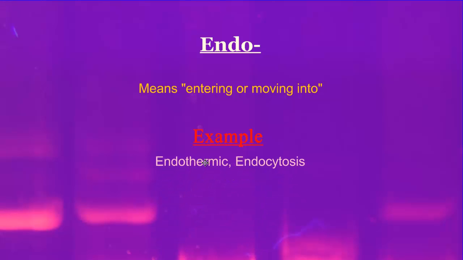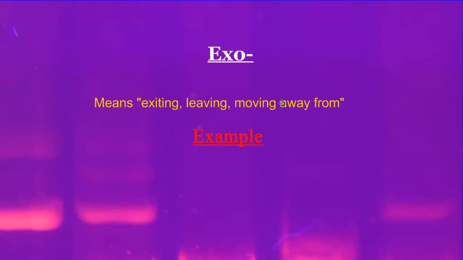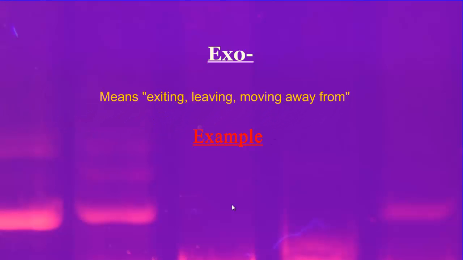The next prefix is endo. Endo means entering or moving into. Examples where it's used are endothermic or endocytosis. The next prefix is exo. Exo means exiting, leaving, moving away from. The examples that we use would be exothermic or exocytosis.